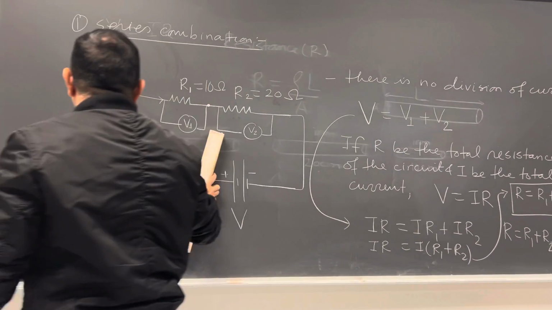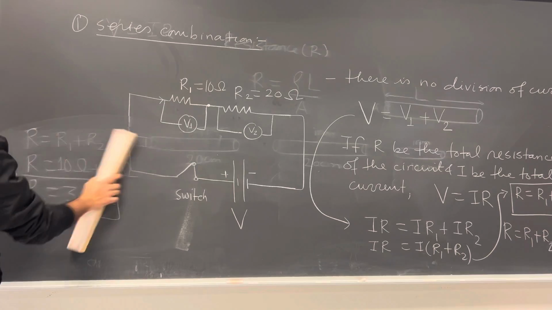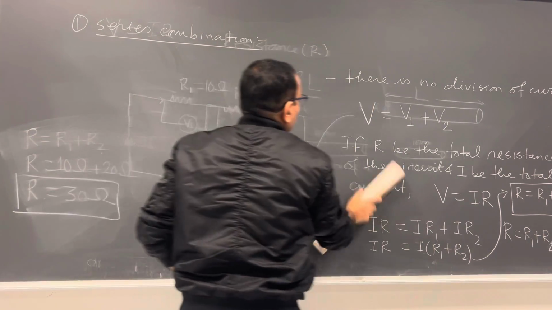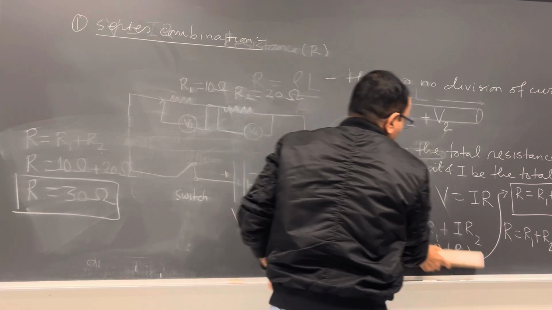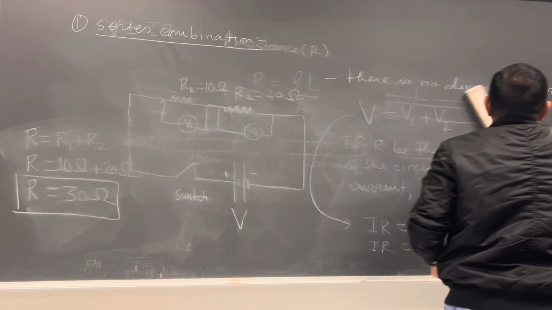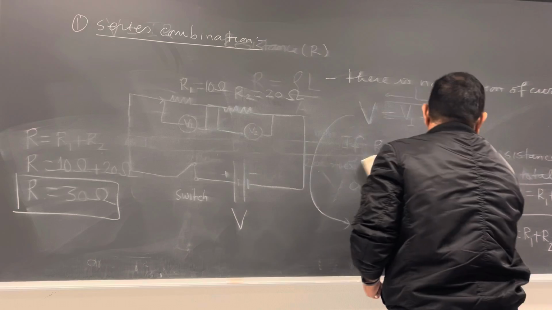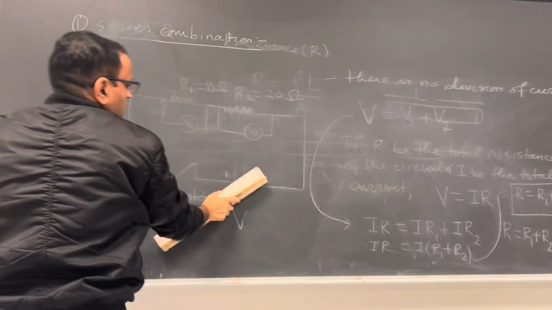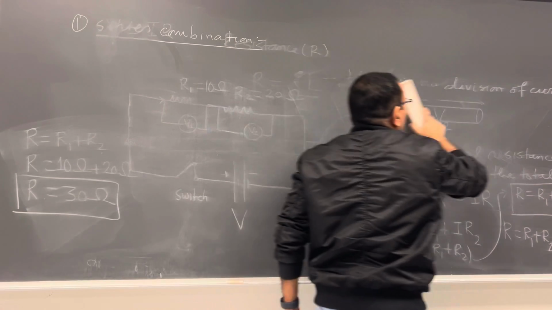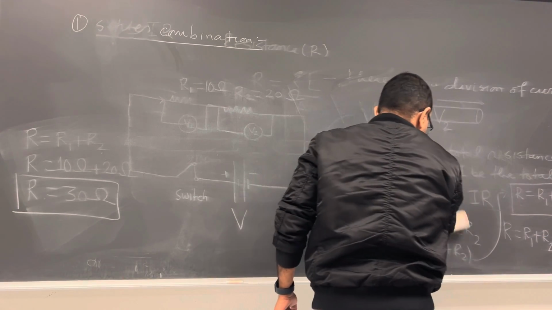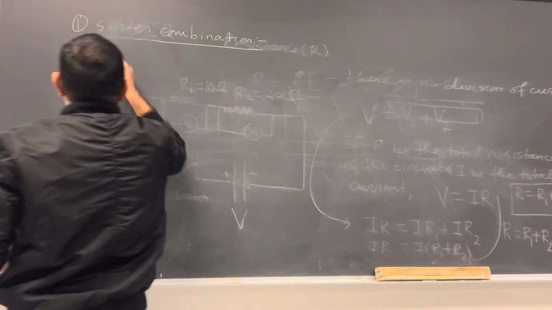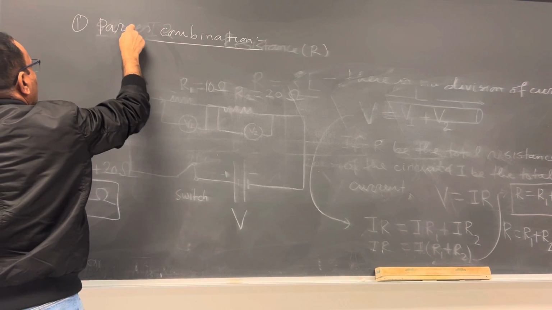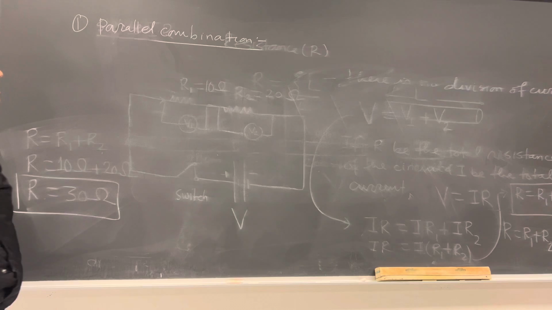Okay, and we have another combination, that is a parallel combination. Let us talk about that, then we can do the numerical problem. Parallel combination.